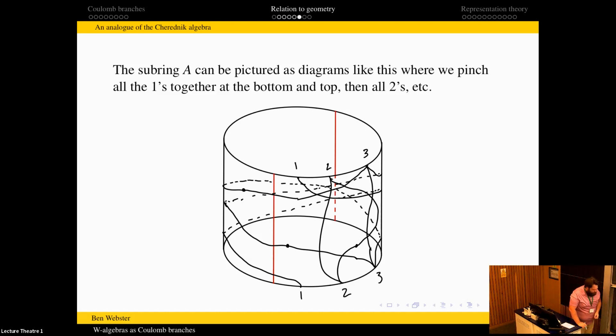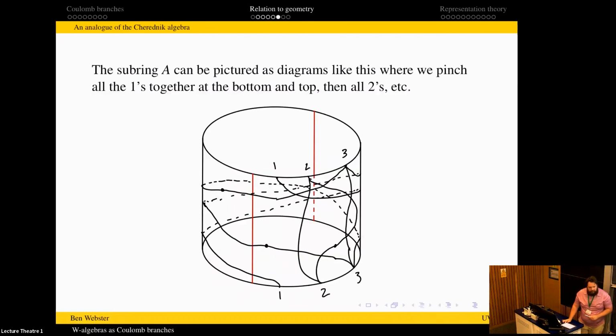The quantization corresponds to adding in a relation where if a dot slides on a strand all the way around the cylinder, I add H to it. All of this has some geometric meaning: when I move the dot around the cylinder, I'm actually changing the loop action on it. So the dots correspond to Euler classes of tautological line bundles, and when I do that, I'm thinking of my tautological line bundle with a different loop equivariant structure.